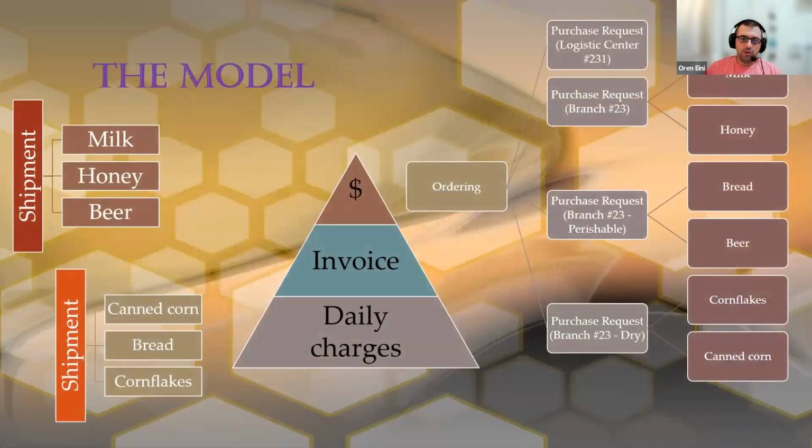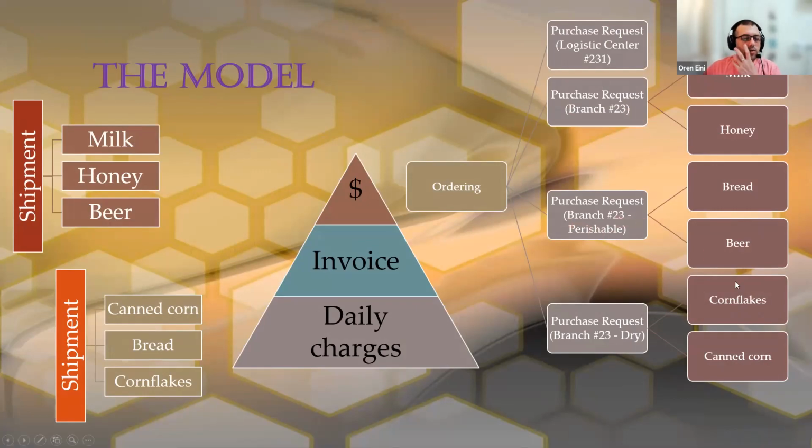Let's look at the actual model. And there are lots of things going on here, so I would go over them in detail. Here is the ordering system. Notice that we have many purchasing requests going on at once for different things. Here is one manager for branch 23. Here's another one.